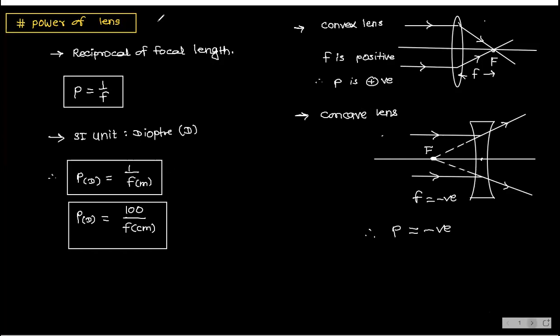Okay. So see what I was telling. I was telling that I'm going to tell you one more power definition. This is in the case of convex lens. So I'm writing like this: power of convex lens. Listen now, what I am doing, I am considering one lens.